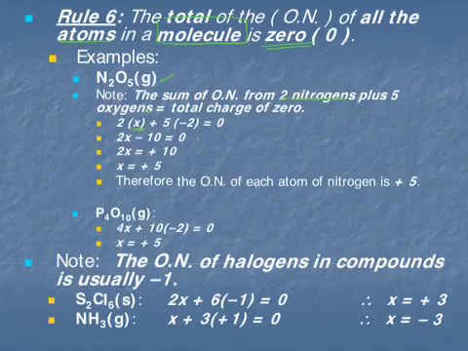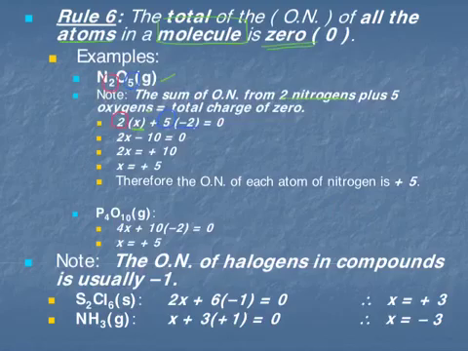However, we know there are 2 nitrogens, so when we determine the total oxidation number of the molecule, we have to multiply the oxidation number by 2. We know there are 5 oxygens, so we need to multiply our oxidation number for oxygen by 5, so 5 times minus 2. And the sum of it all has to be equal to 0.